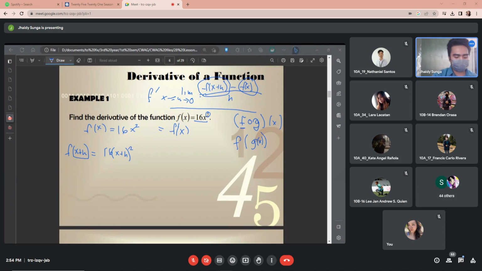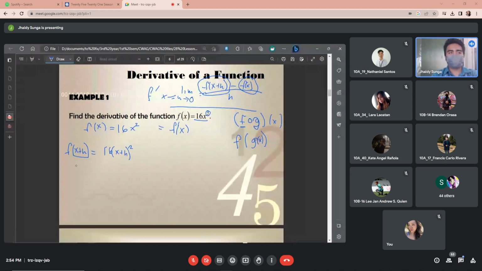Okay. The second step is to find the difference between the two. Oh, sige po. Come on. Now first find your f of x and f of x plus h. Now, when you have f of x and f of x plus h, you need to find the difference of that one: f of x plus h minus f of x.